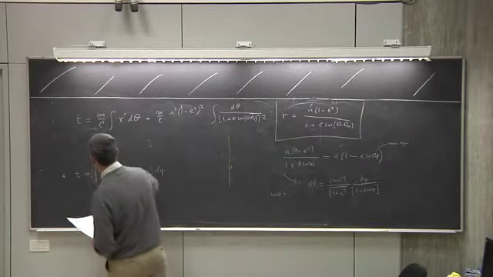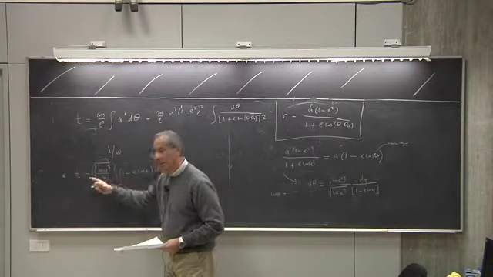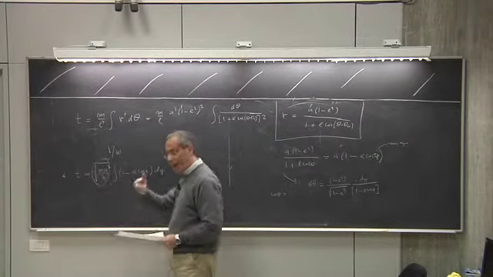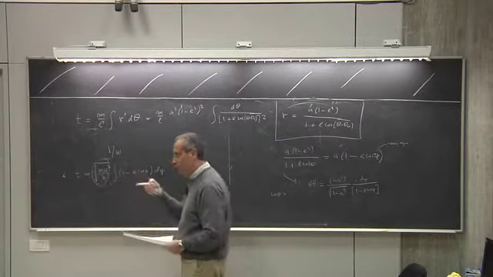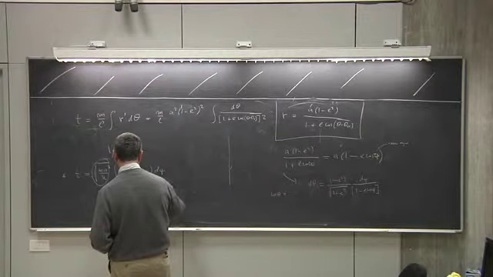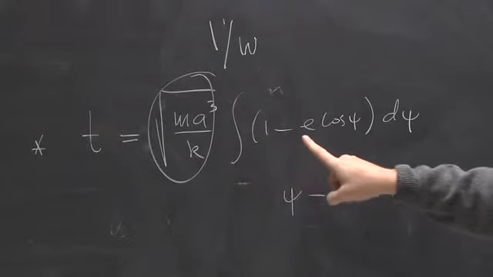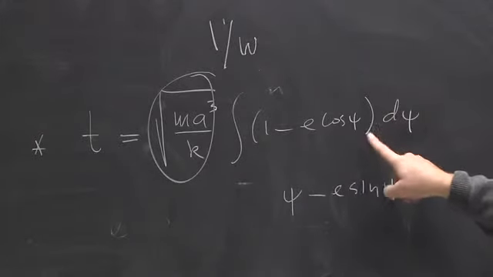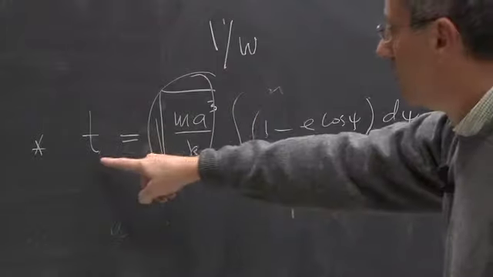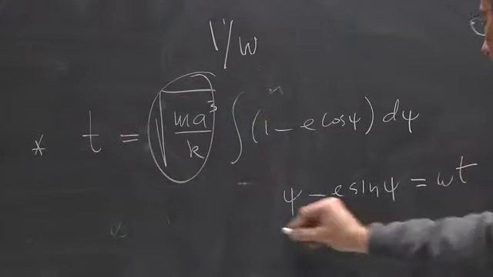Let's call this 1 over omega, an angular frequency. So you see, the solution is psi minus E sine psi, equal to, well, I have 1 over omega, I bring it there, omega t.